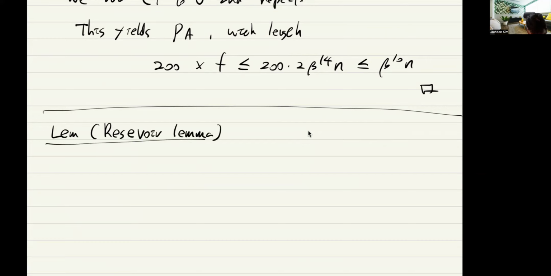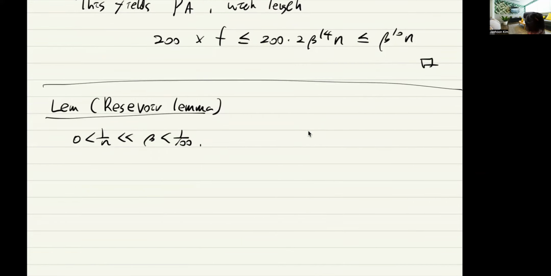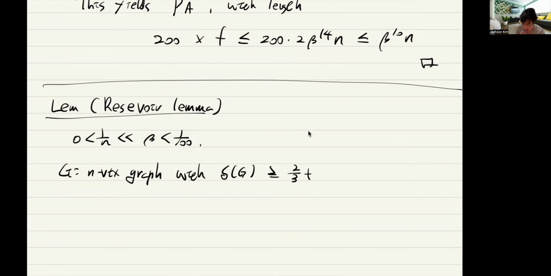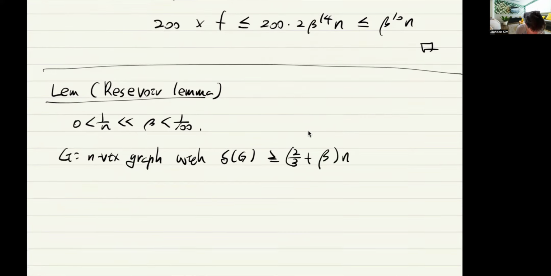is easy. Again, you have this, and G is an n-vertex graph with a minimum degree at least 2/3 plus beta times n.